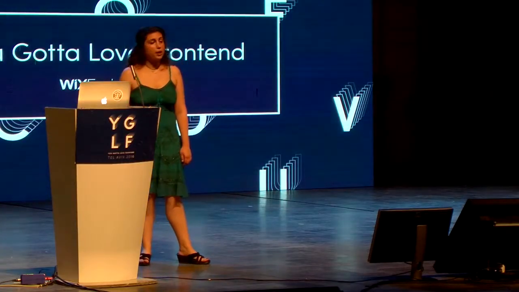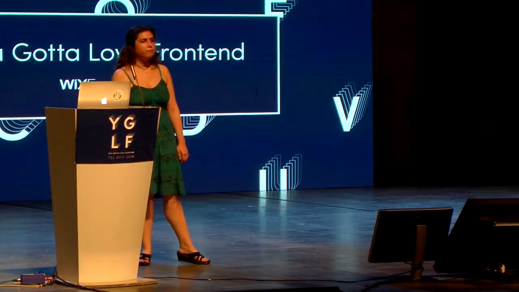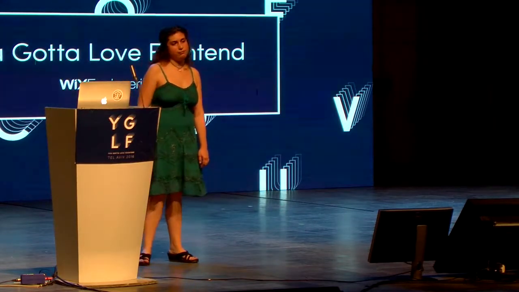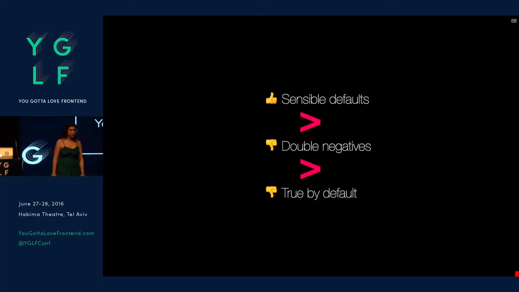Also, should I change the parameter name to noGrouping? That's a double negative. So in this case, you actually can't do much. Yeah, this parameter will be true by default, and that's probably the best design we can come up with. So this guideline is the lowest in priority compared to all the others we're going to discuss.